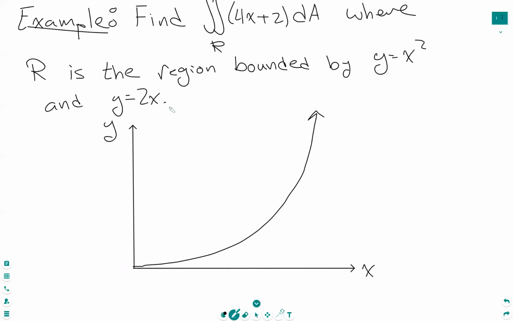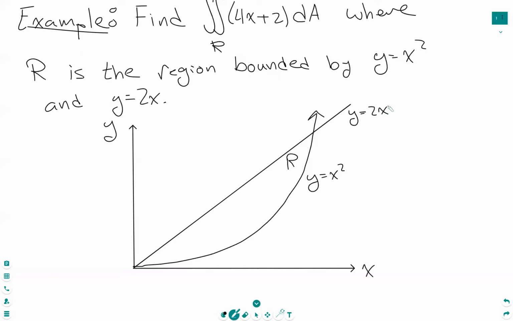And then y is equal to 2x is a line. So let's go ahead and draw a line, and it does pass through the origin. And maybe it's going to have a slope 2. So it looks something like this. So I know that this is my region R. And this is y is equal to x squared. And I know that this is y is equal to 2x.